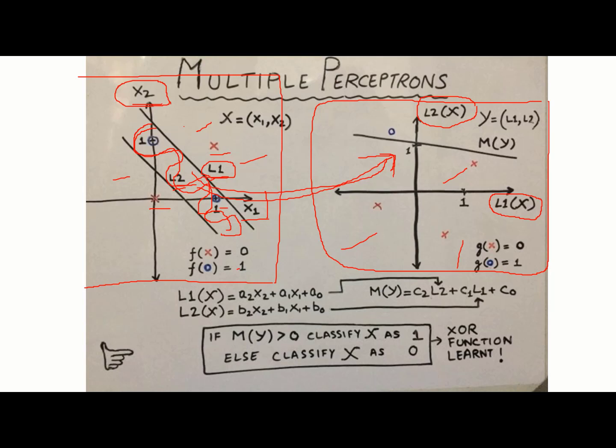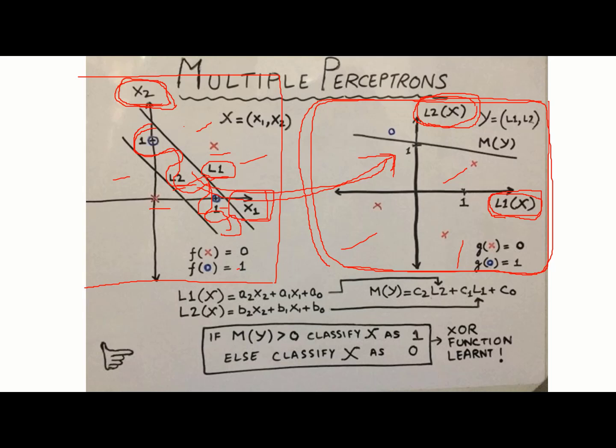Essentially, the classification here in this example is occurring at two different levels. At the first level, it is taking place at the input space where the data points x1, x2 have been used. But then at the next level, the classification is occurring by using the data points taken as the output of the perceptron L1 and the output of the perceptron L2.